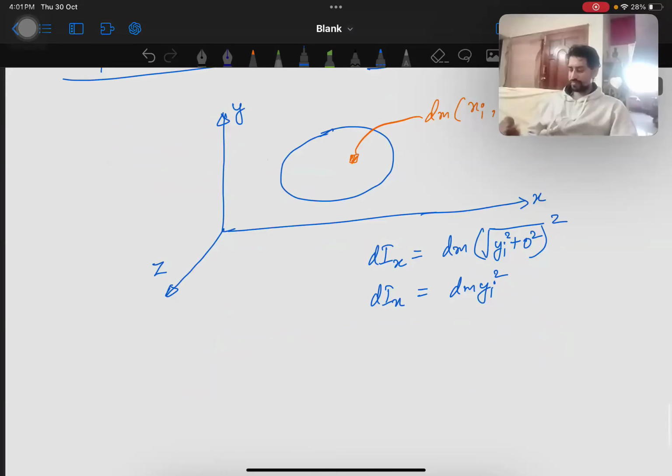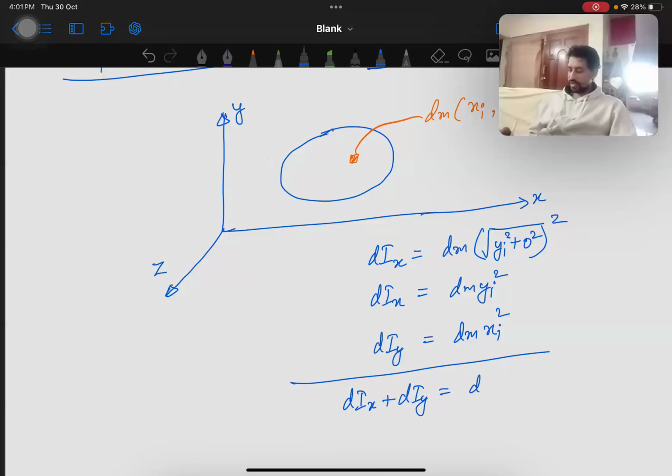Fine. And what about the dIy? Similarly, it would be equal to dm multiplied by xi square. Fine. Let's add these two. So what does it become? dIx plus dIy is nothing but dm multiplied by xi square plus yi square.